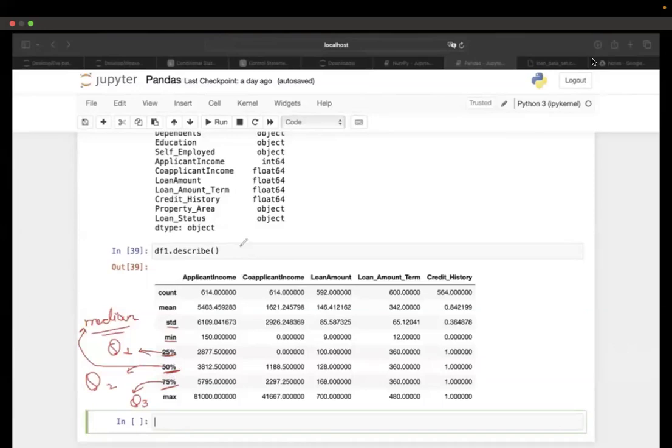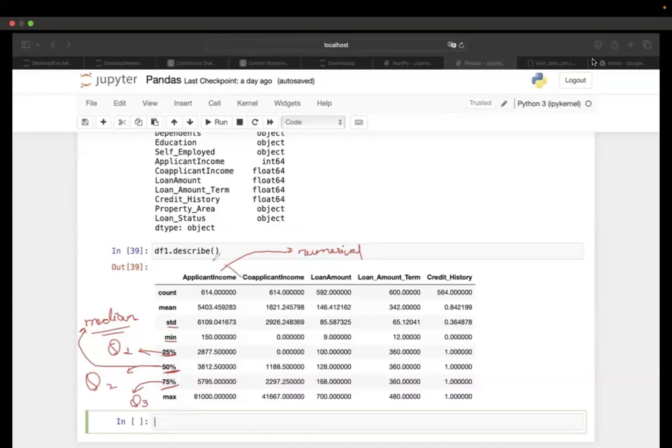Let me ask you one question. Applicant income is a numerical feature, right? Everybody understand that? In NumPy, we were talking about the randomness of the data, right? If it is biased or unbiased in nature. How do we check that? With the help of standard normal distribution. Now I'm giving you some certain conditions. How do you identify if the data is biased or unbiased?